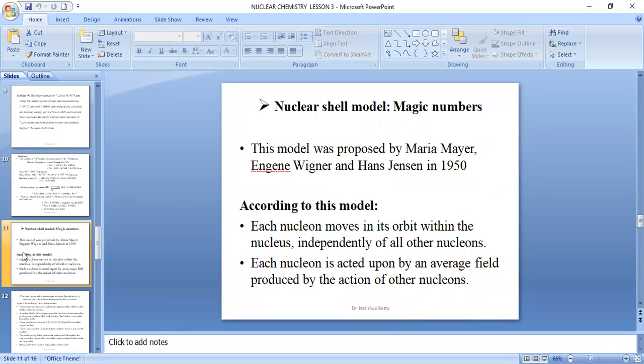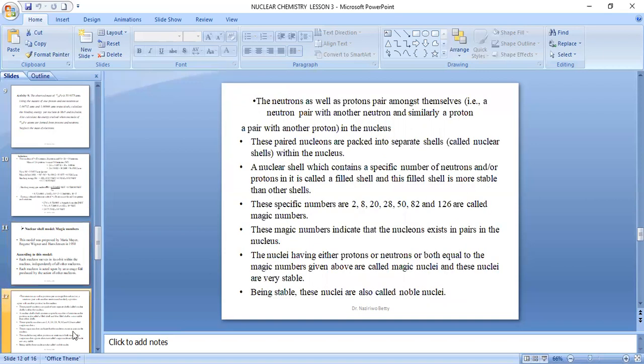According to this model, each nucleon moves in its orbit within the nucleus, independently of other nucleons, and each nucleon is acted upon by the average field produced by the action of other nucleons. The neutrons as well as protons pair among themselves. That is, a neutron pairs with another neutron, and a proton pairs with another proton in the nucleus.